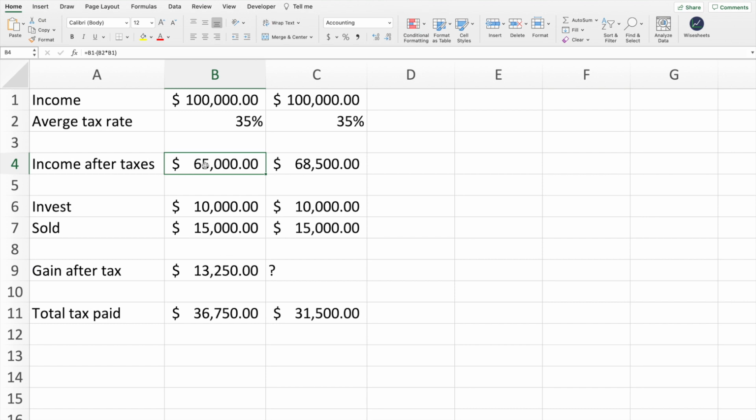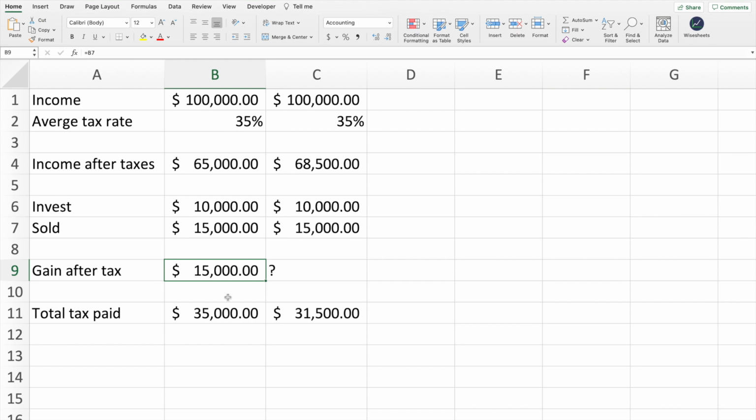You only have to pay taxes here. So in this case, you invest 10,000, sold for 15,000. Your gain after tax, the difference is that you're not going to get taxed, so your gain is going to be exactly what you sold for. You're going to be getting the 15K straight, and the amount of taxes is only what you pay on your income.